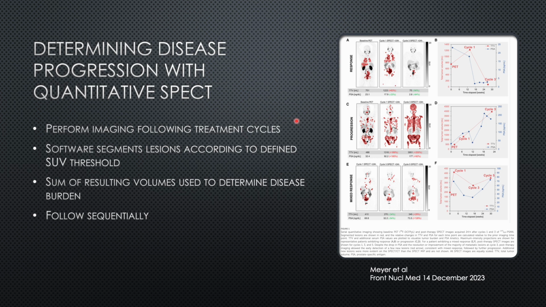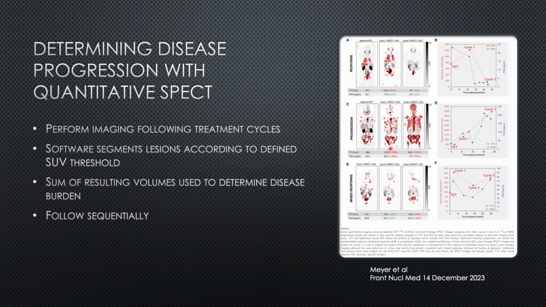If we look at the image on the right here, we can see a responder. This is the baseline PET, but they had a SPECT after the first cycle of therapy, and a SPECT after the second cycle of therapy. And you can see they've got the total tumour volume here, which is clearly reduced both visually and numerically between the two cycles.